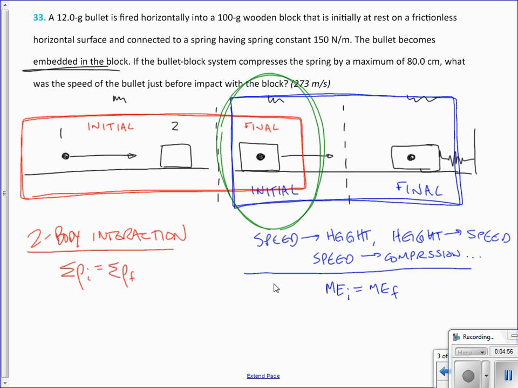So here we trade the speed of this object for the compression of that spring. And even though it's the bullet and the block together, we can just say that this is a single object.